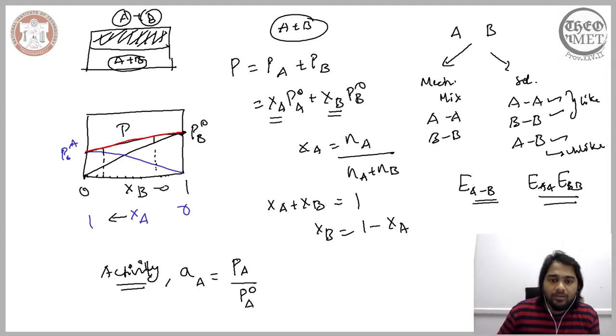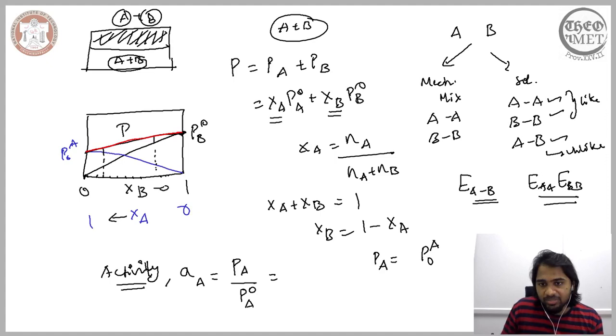Now for a regular solution, or rather pardon me, for a mechanical mixture, we have already related the partial pressure of A in a given solution to its corresponding saturated partial pressure through its concentration. This we saw in our previous lecture, and this is what we refer to as Raoult's law.